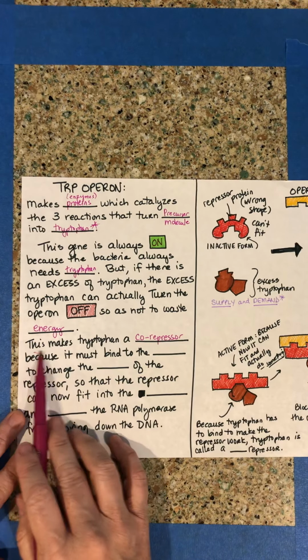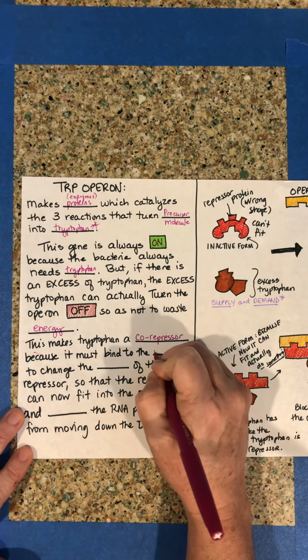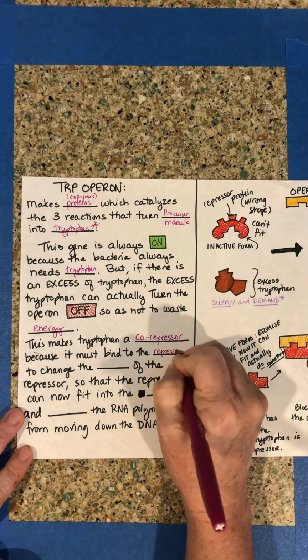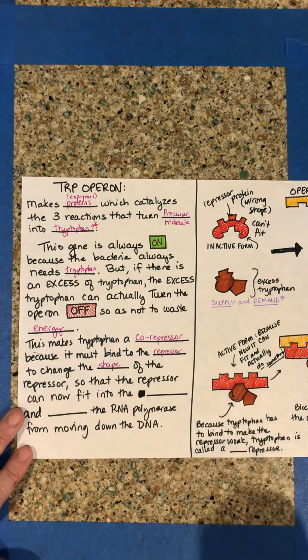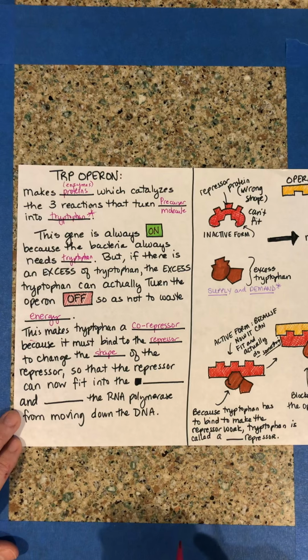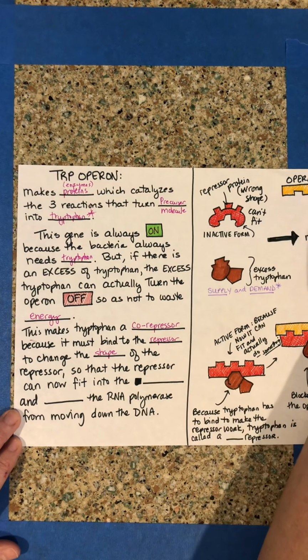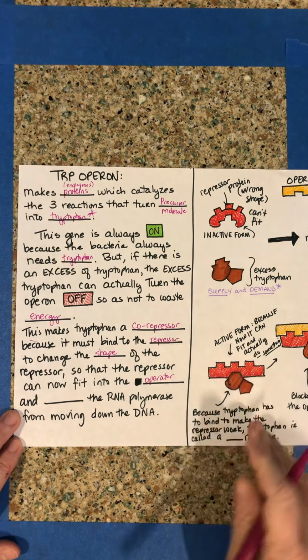All right, so this makes tryptophan a co-repressor because it must bind to the repressor, changing the shape of the repressor so that the repressor can now fit into the, there's your yellow site, so your operator.